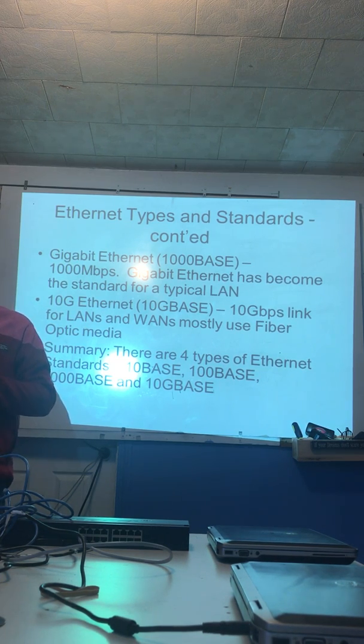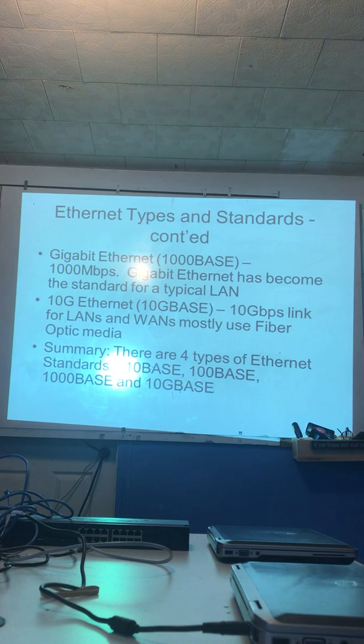We have faster services that we can use, but those are for enterprise grade networks, and they will require fiber optic. In terms of copper cable, what we are focusing on today, you will not use anything faster than 10,000 megabits per second.